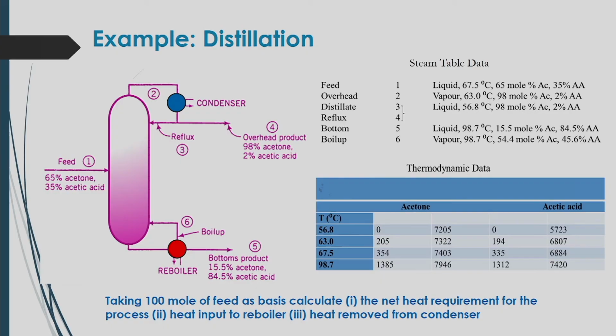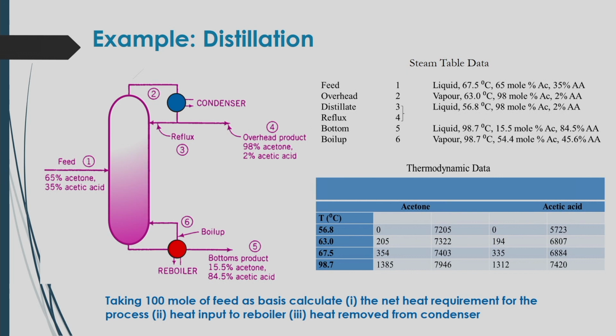Let us do another example, of a distillation process, where you will see several outputs from the distillation column, whereas there is one inlet feed stream to the distillation column. As an example, let it be an acetone and acetic acid mixture.